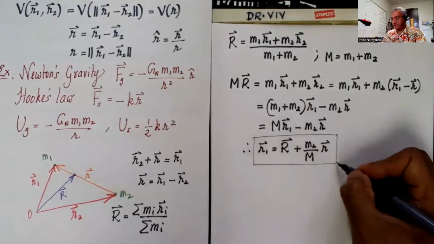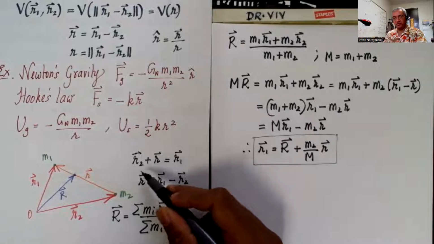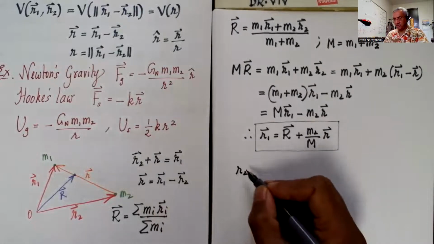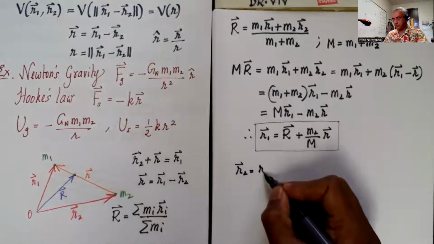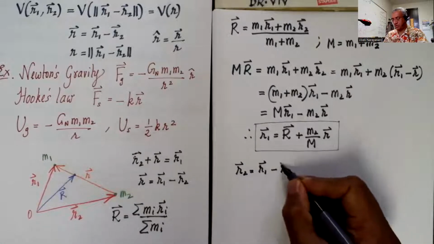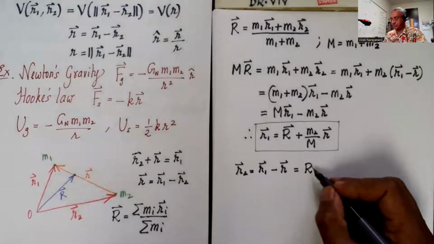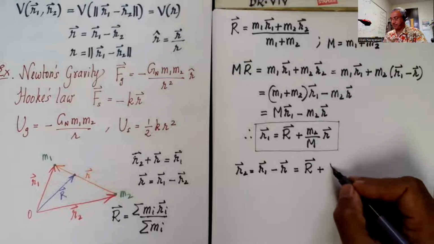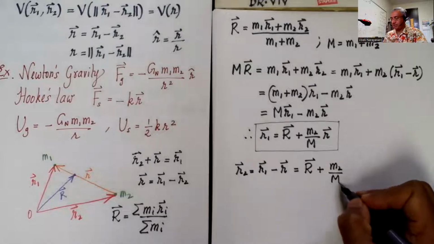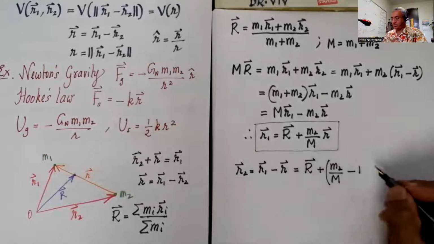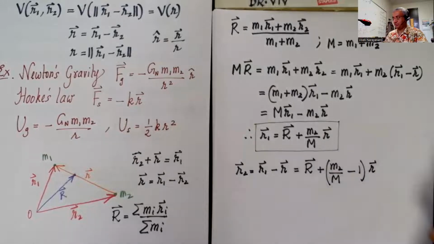And from that, you can find what R2 is. R2 is R1 minus R. So let me write that. And we already know what R1 is from that boxed expression. So that's just R plus M2 over M, r minus 1 r. So that's M2 over M minus 1 times r.